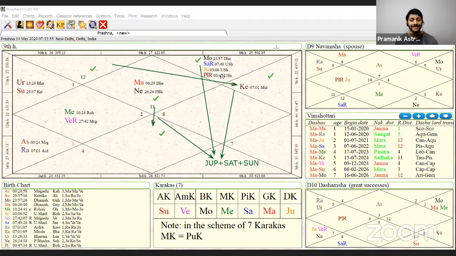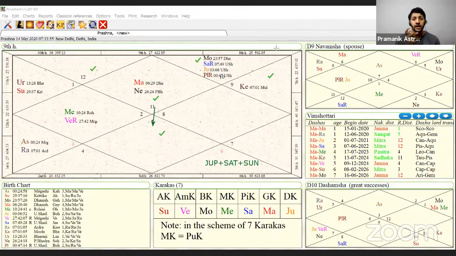And when you have these many planets into the 10th house, into the 8th house, what it shows is, first you have to look for the lords which are coming in here, and you also have to look for the association of planets.